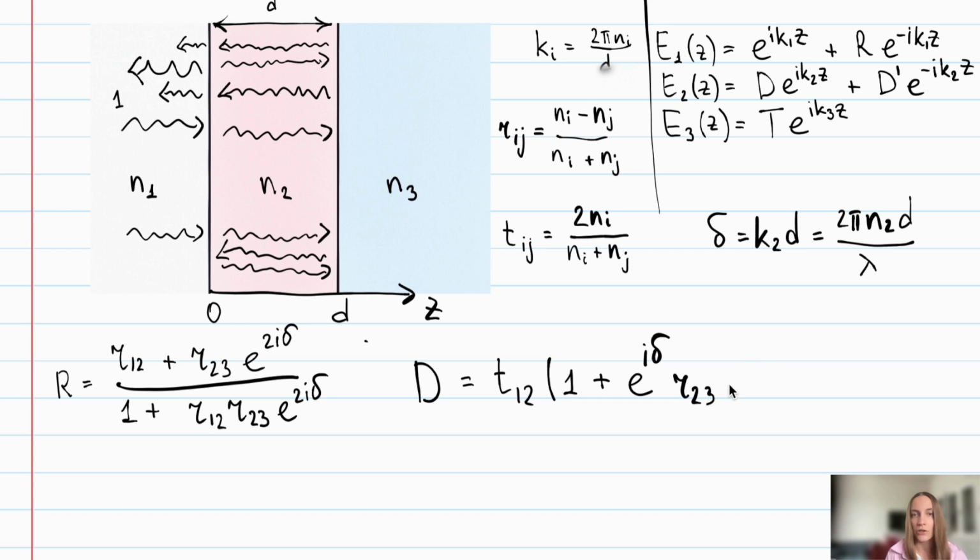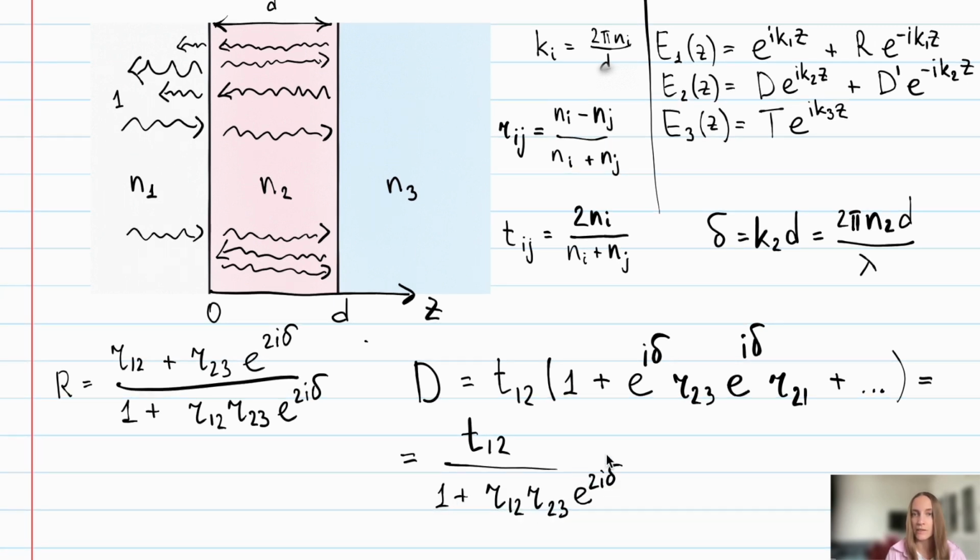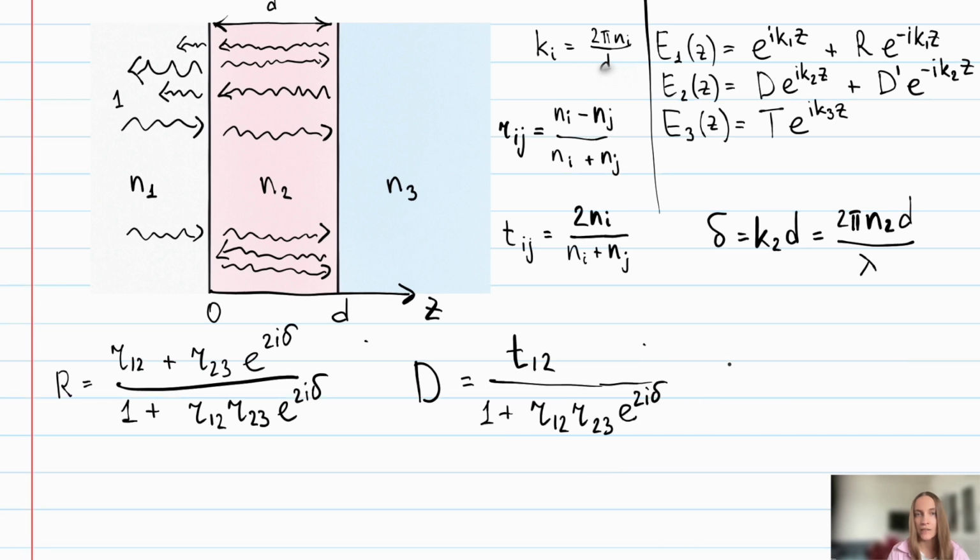The common ratio of this series always has the following form. Note that all the backward traveling waves evaluated at position 0 are just the forward traveling wave multiplied by the same factor. This makes it easy to write the expression for D', the amplitude of the backward wave inside the film.